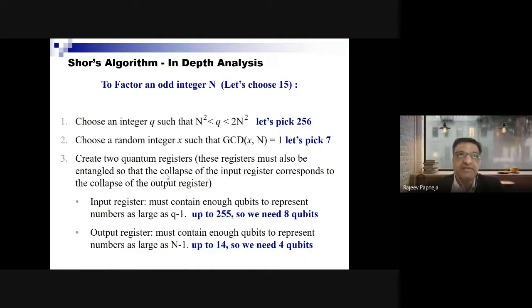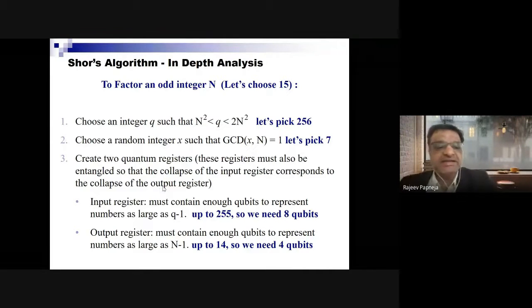Which means that when you measure or observe the input register, it collapses, and the output register should also collapse to 0 or 1.